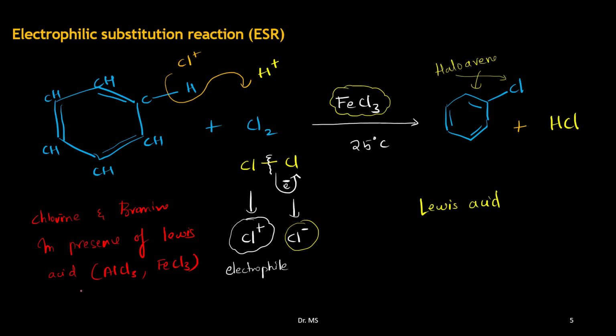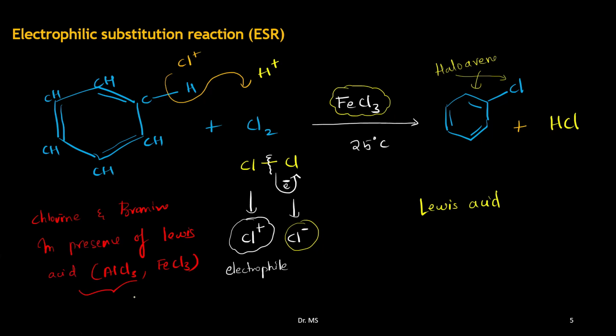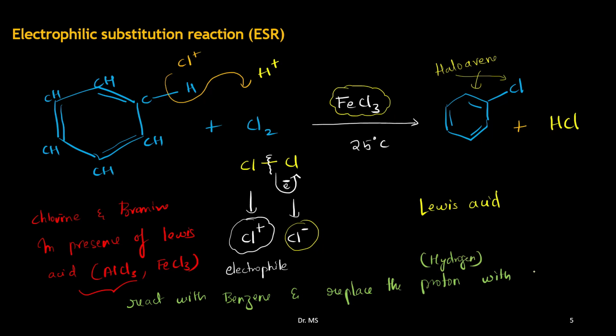So what they will do is react with the benzene and replace the hydrogen or proton. You can take the proton to mean hydrogen here. So replace this hydrogen with an electrophile. So this reaction is said to be the electrophilic substitution reaction.